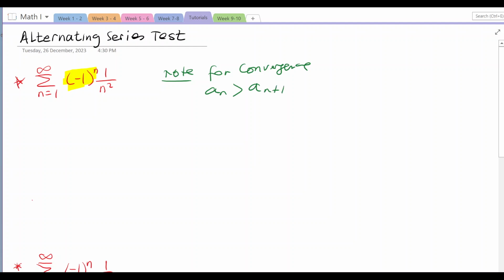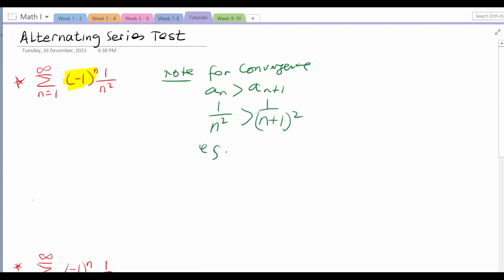So in this case, 1 over n squared must be greater than 1 over (n plus 1) squared.